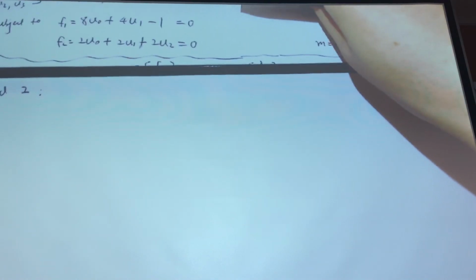So we will discuss a second method to solve the equation. The problem formulation is the same.